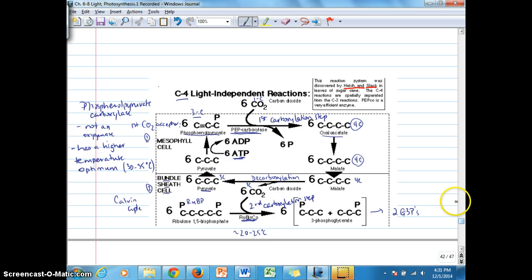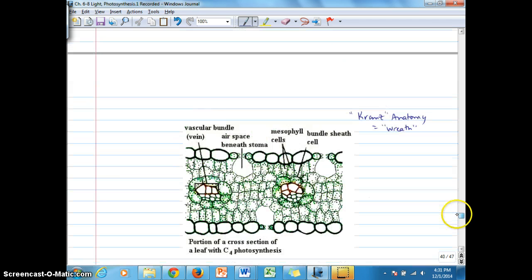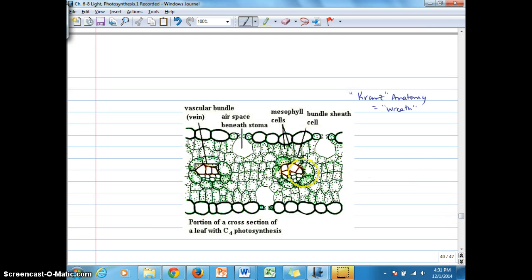Now we want to make sure we connect what's happening in these two steps between the mesophyll cell and the bundle sheath cell with the overall anatomy that we talked about here. So the mesophyll cells out here would be where the first step of C4 photosynthesis occurs, where CO2 is first carboxylated by phosphoenol pyruvate and converted to oxaloacetate and then to malate.